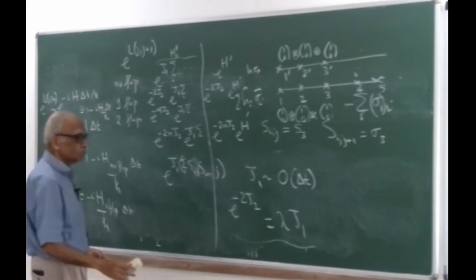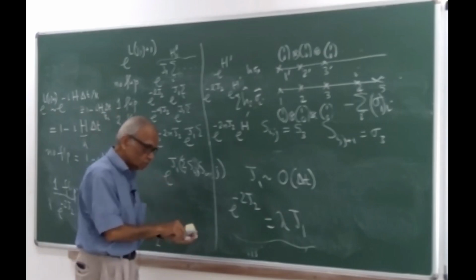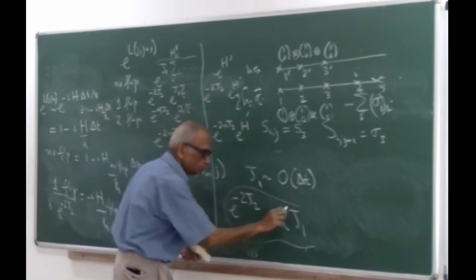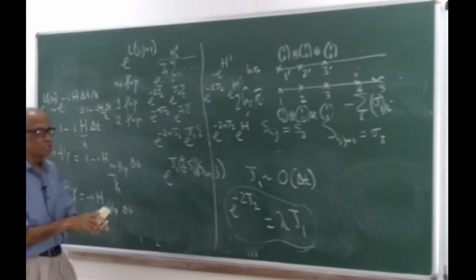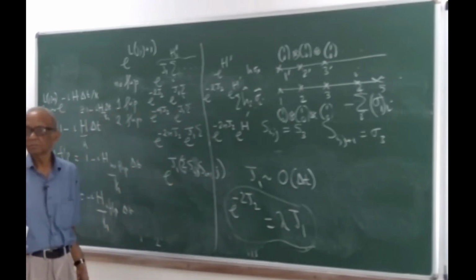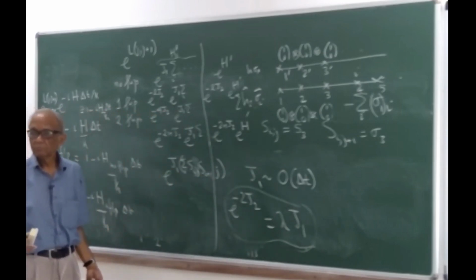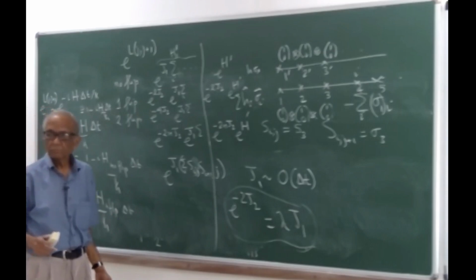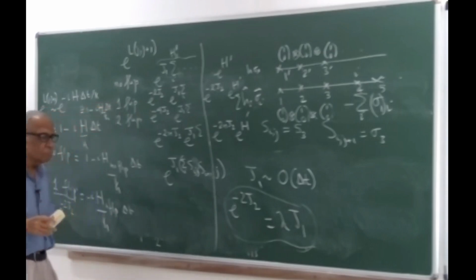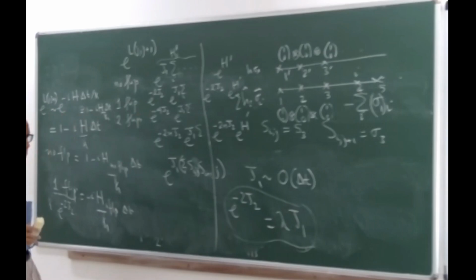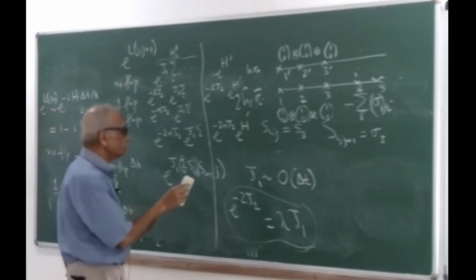And therefore, to make things all tie up together, there is this constraint, e to the power minus 2J2. So very good.